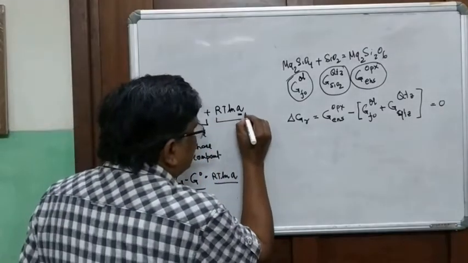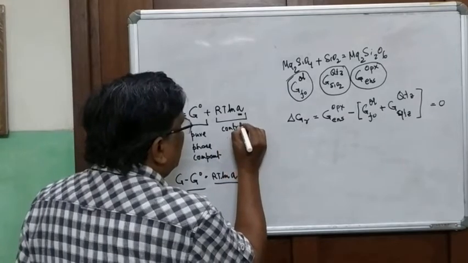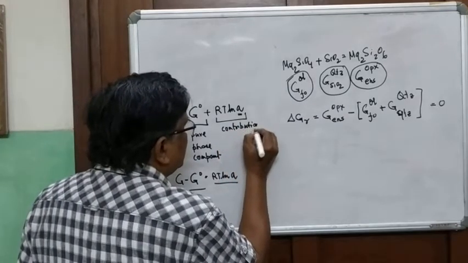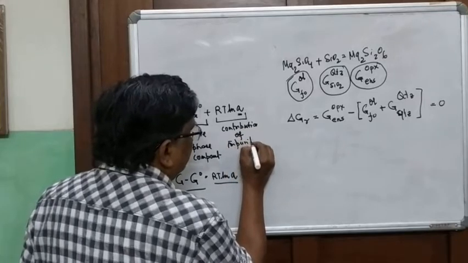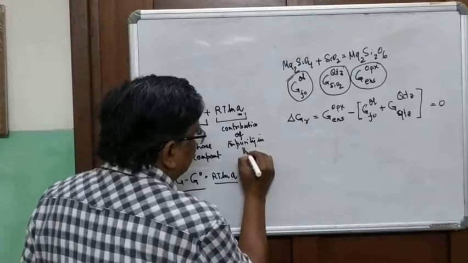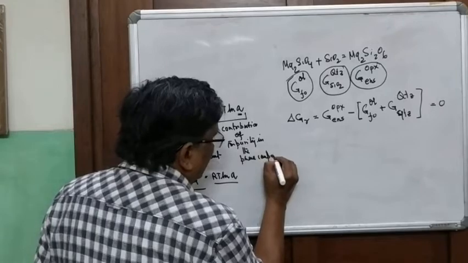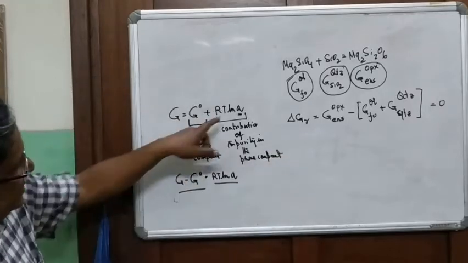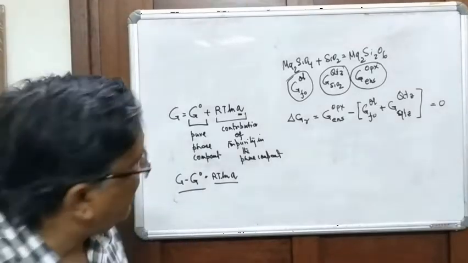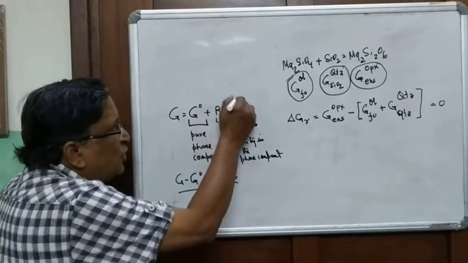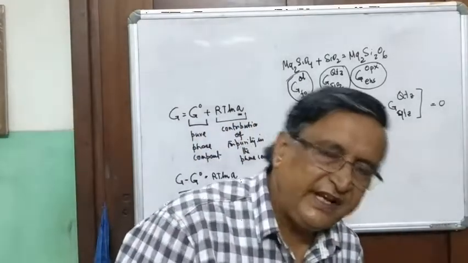And therefore this is the contribution of impurity in the phase component. And typically, since in an impure phase activity is less than 1, this whole term is always negative.